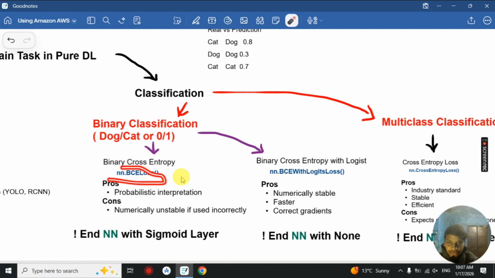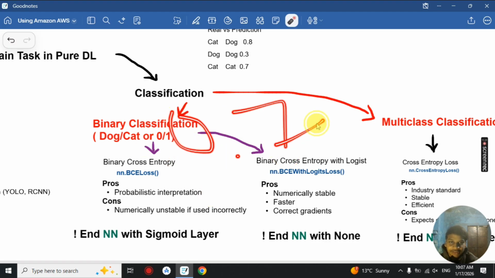Here the code is this. In binary cross entropy we use the probabilistic interpretation. We will get something like 0.7 for our dog or 0.3 for our cat.